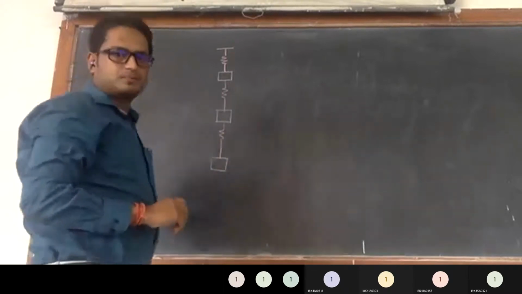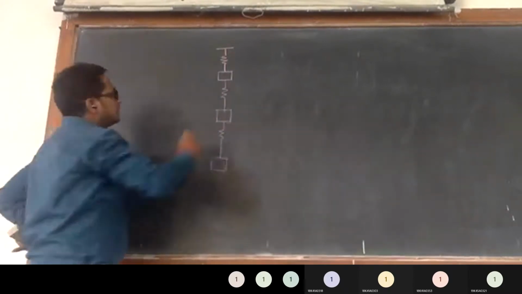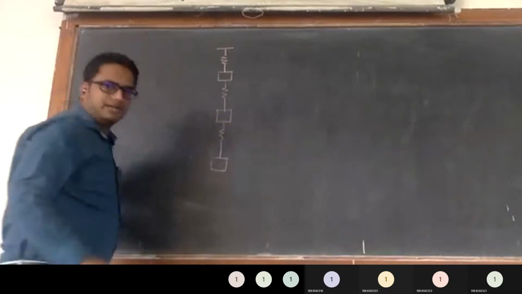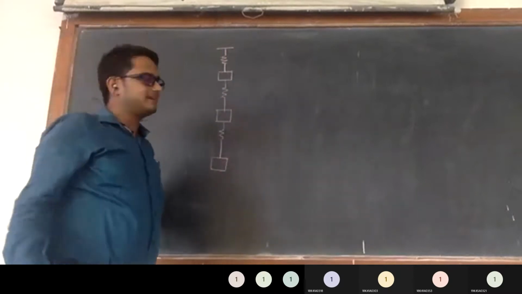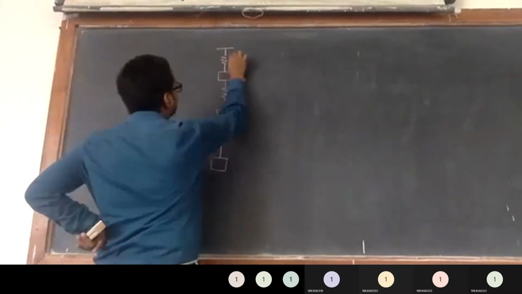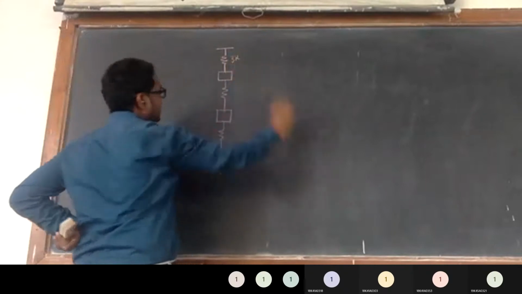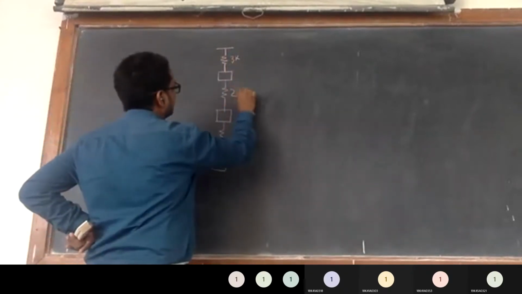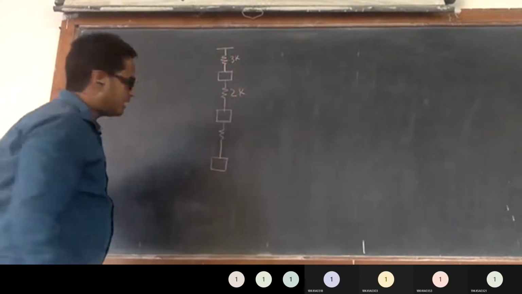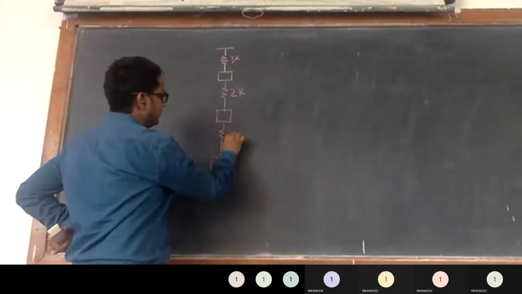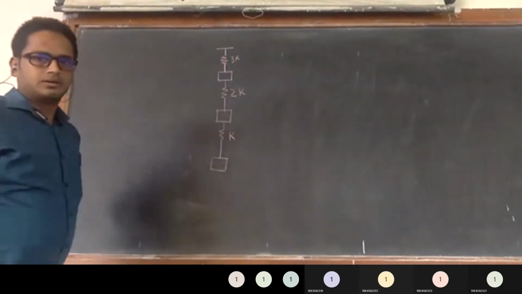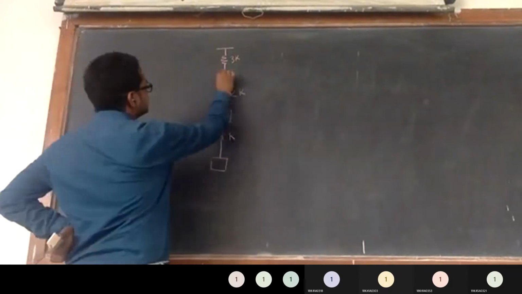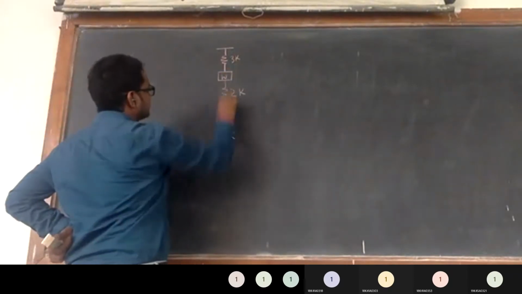So we have three springs and three masses. If we have any spring, we definitely have its stiffness. So here 3K, 2K, and the last one is K. The weight we will consider W.